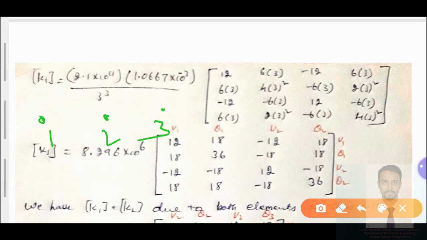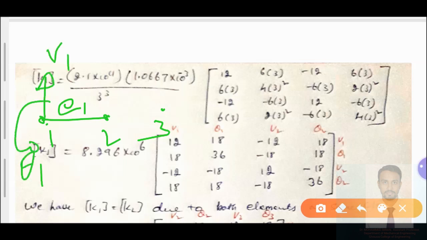Now we know that element number 1 lies between two nodes, node number 1 and 2, though we have 3 nodes in the given beam. Element number 1 lies between node number 1 and 2, and node number 1 contains transverse displacement V1 and rotation theta 1. Similarly, at node number 2 we have transverse displacement V2 and rotation theta 2. Based on this, we give the row and column names of the element.